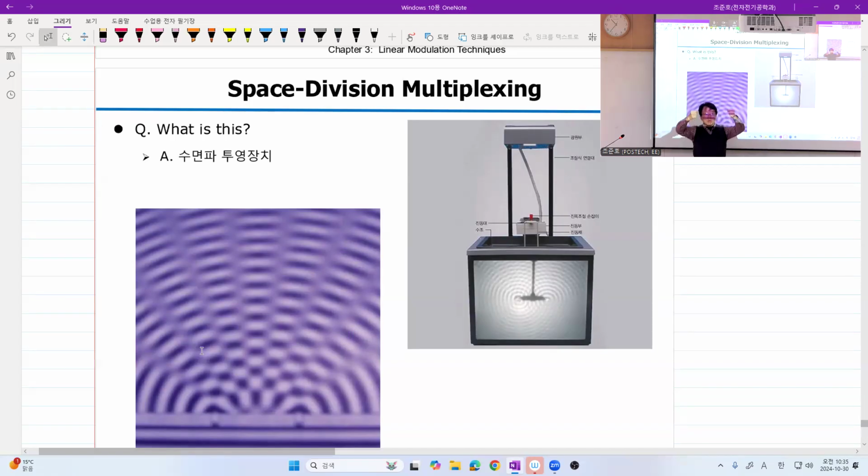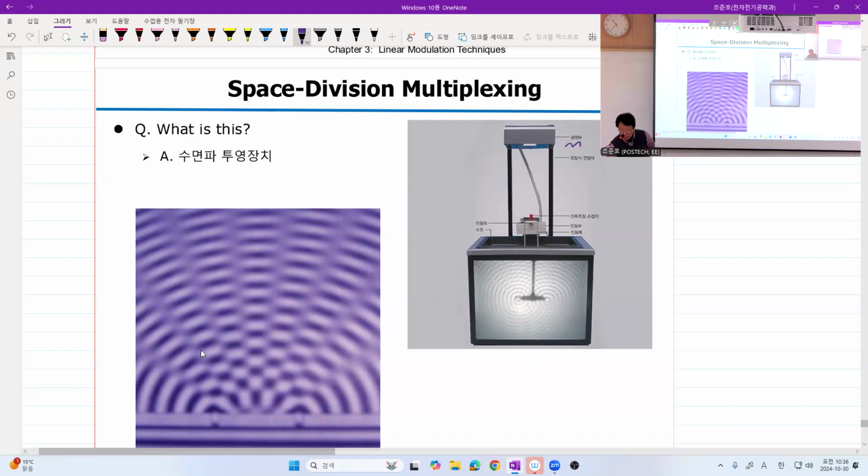So when it goes up, the other goes up. When it goes down, the other goes down. So you generate the same wave front with just source separate. Then this wave, surface wave, interferes constructively, destructively.